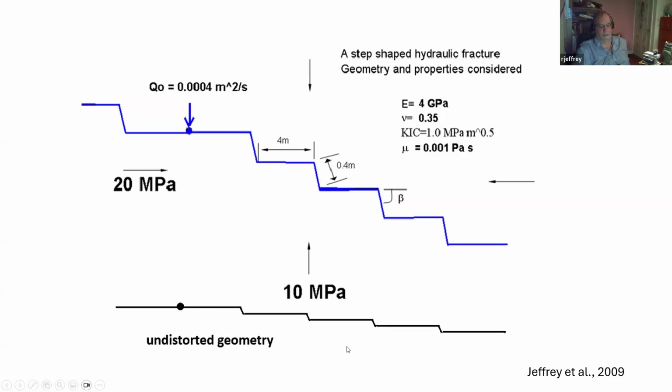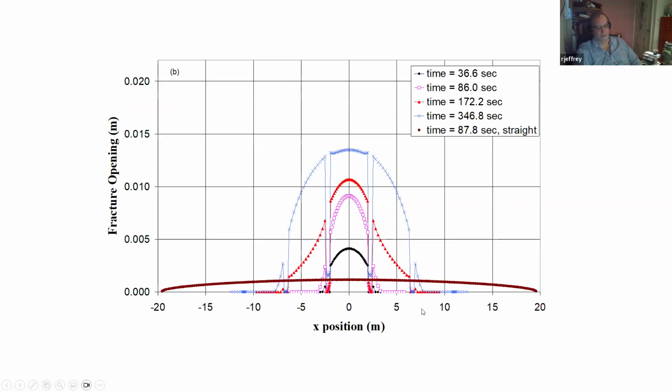So the real fracture geometry beam model, without exaggerating these risers, is sketched here just to show a more realistic representation of what we were considering. And here's a result showing fracture opening with position at various times for that simulation.